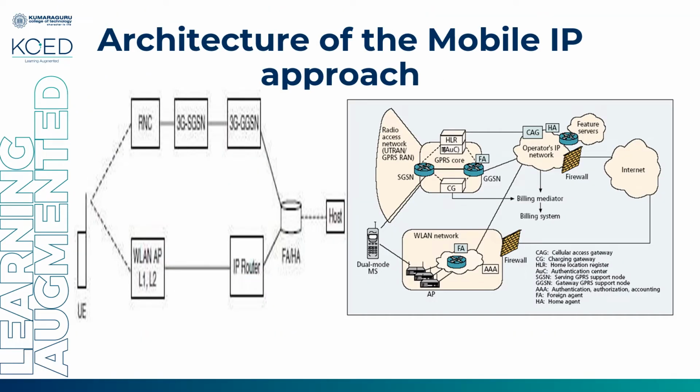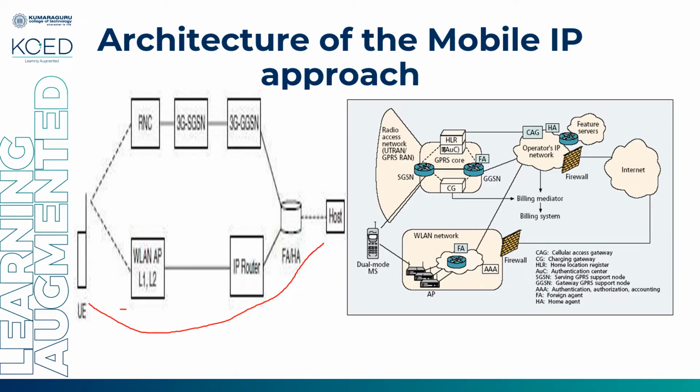Let's see the architecture of the mobile IP approach. You can see user equipment, which can be your mobile phone or laptop. Here there is a wireless network, and here we have our cellular network. Your user equipment can move from your 3G network to wireless LAN or wireless LAN to 3G in order to communicate with your host.